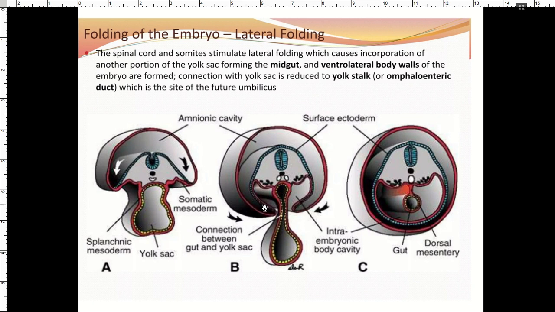You can now see these walls being formed. The connection with the yolk sac is reduced to the yolk stalk, which is also called an omphaloenteric duct or your vitelline duct, which is the site that's going to form the future umbilicus.